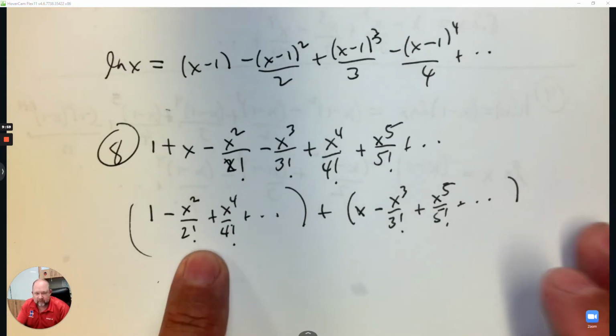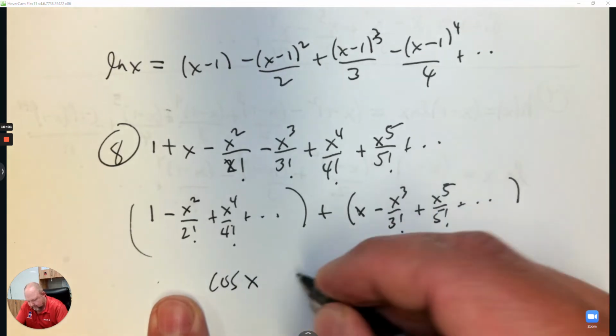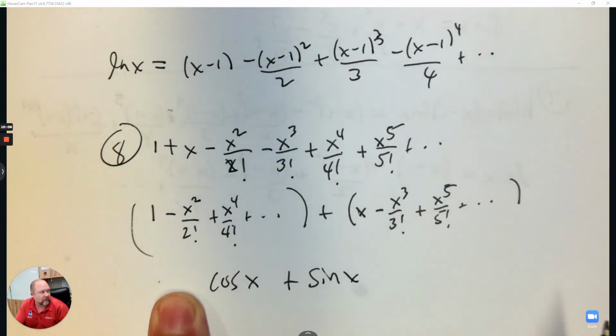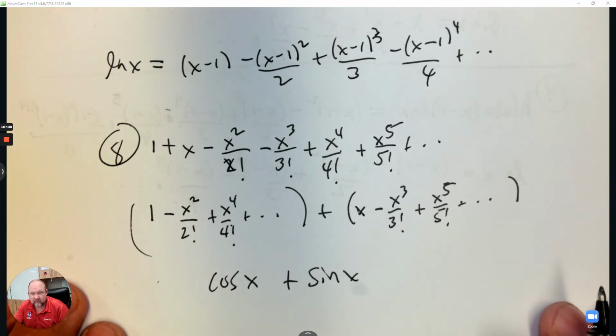This is the power series for cosine, and this is the power series for sine. So that is cosine plus sine. Tricky, right, to look at.